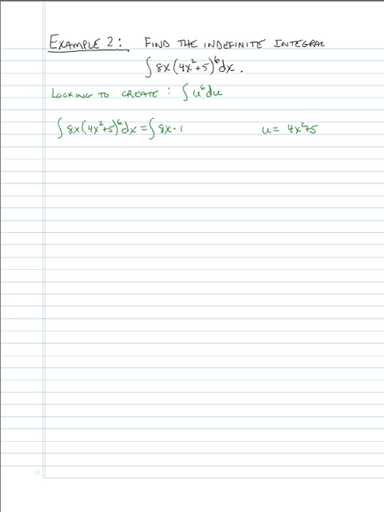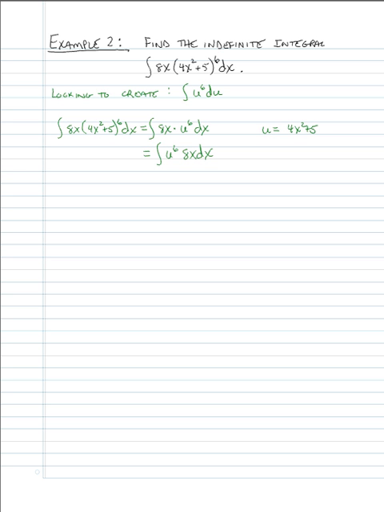So it's times u to the 6th power and then a dx. Now, probably what we need to do next is gather together our things involving x and our things involving u in this integral. And of course, we can't move the dx around because that has to be at the end. So I'll move the 8x and the u to the 6th, and it looks like this. Same integral, just rearranged inside.